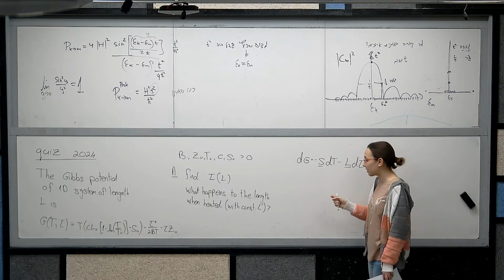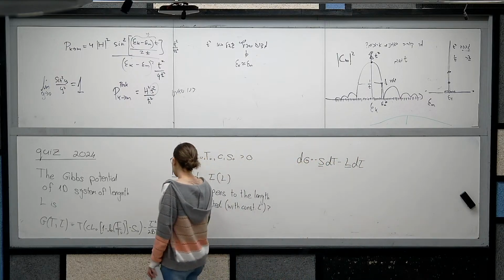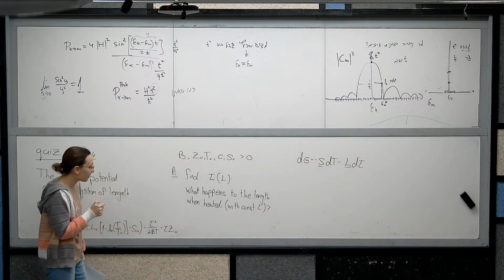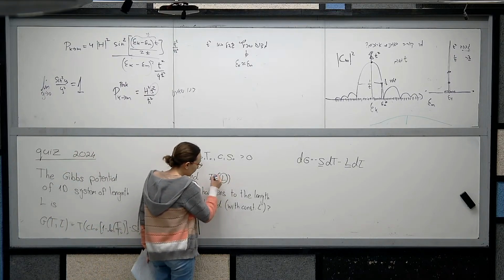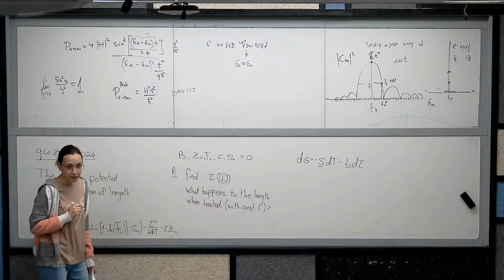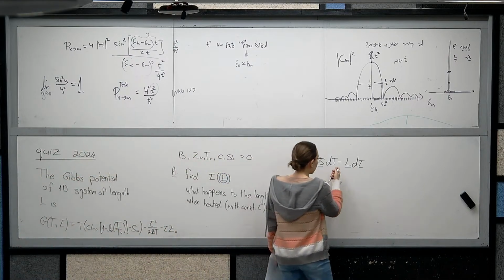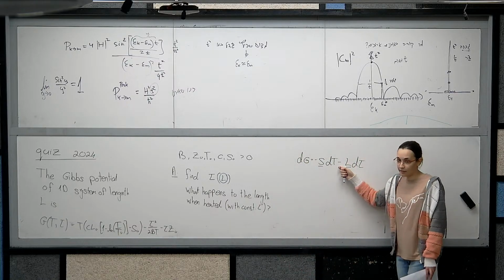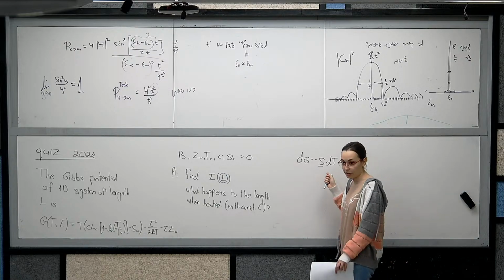We don't have the tension here. So we have a small problem, but we need to find the tension as a function of L. We can extract L from this equation, find it as function of tau, and then extract tau from this equation.